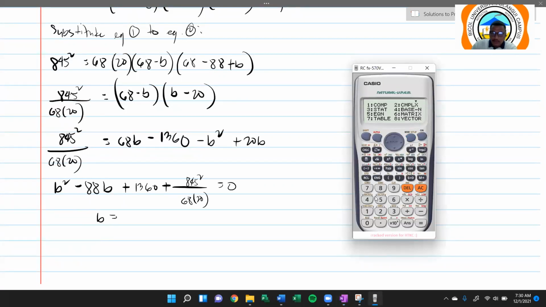Let's go to mode 5 3, the quadratic equation. We have 1, negative 88, 1360 plus 845 squared divided by 68 divided by 20.